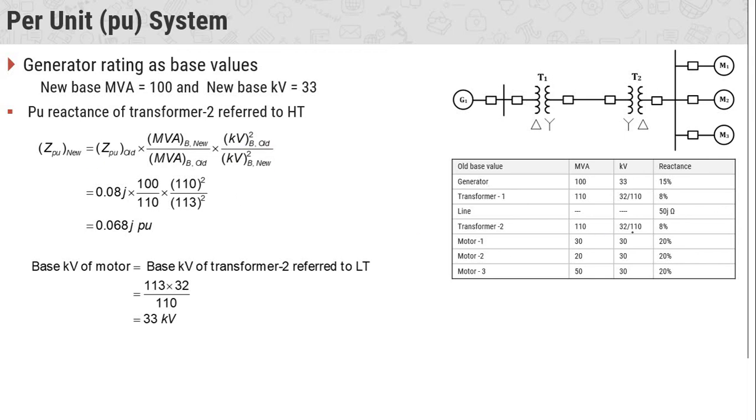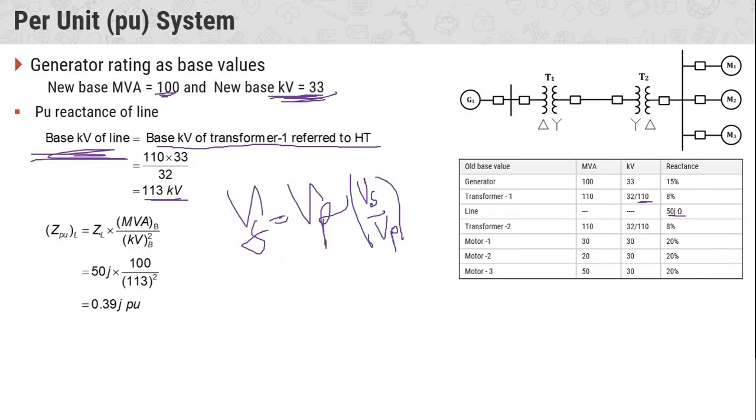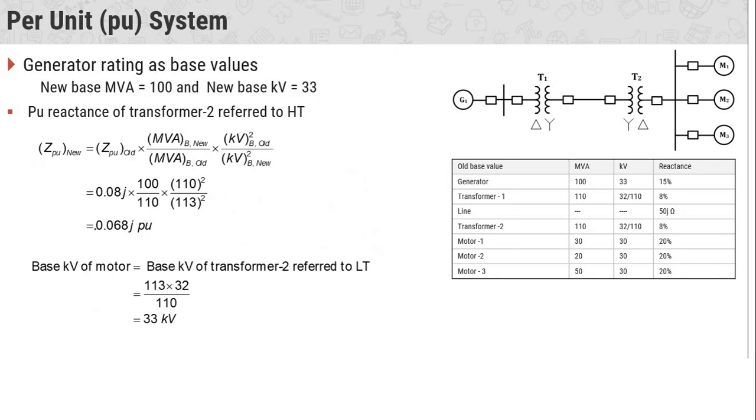Now transformer 2 percentage reactance is 8%, so 0.08 into MVA new, 100, divided by 110, into kV old, which is 110, divided by 113, which comes from the base of the line. So 113 whole square. So the answer is 0.068 j PU.